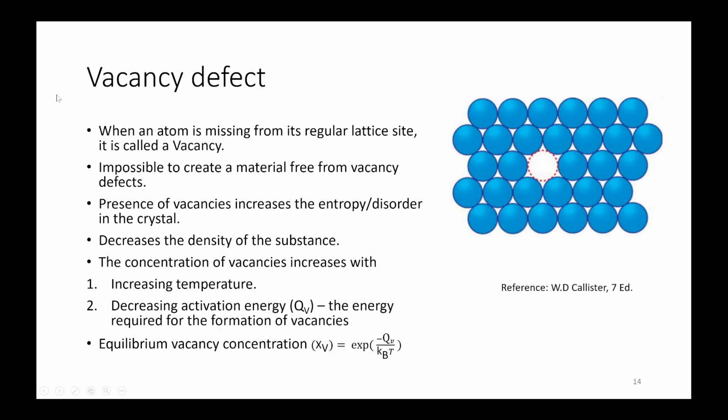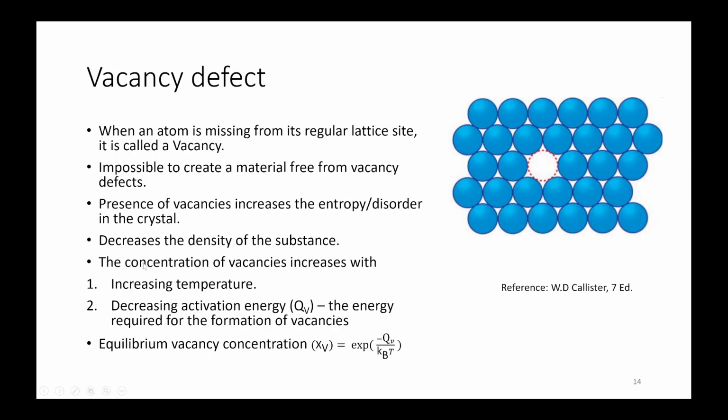One of the important defects is the vacancy defect, which is always present in materials. When an atom is missing from its regular lattice site, it is called a vacancy, and it is impossible to create a material free from vacancy defects. The presence of vacancies increases the entropy and disorder in the crystal.